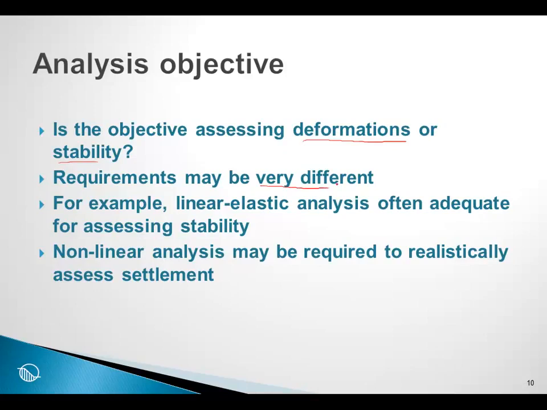For example, when we look at stress distributions in the ground for the purpose of a stability analysis, a linear elastic analysis may be more than adequate. And as you will see later, doing a linear elastic analysis has some advantages and is generally a simpler type of analysis than when we use more sophisticated constitutive relationships.